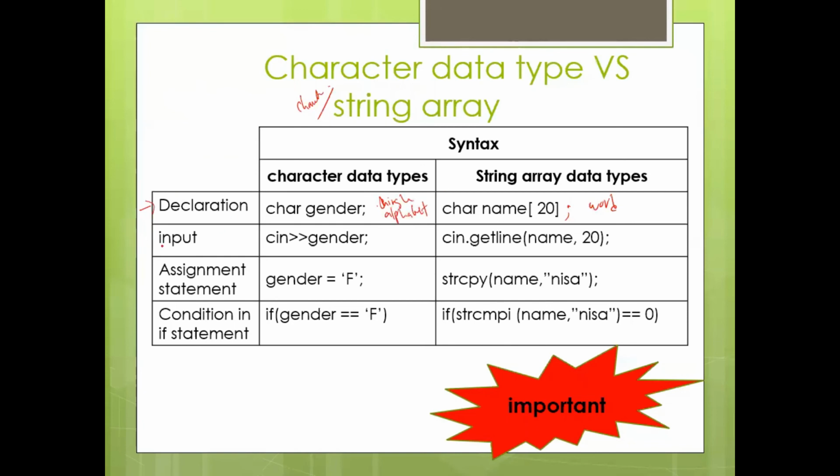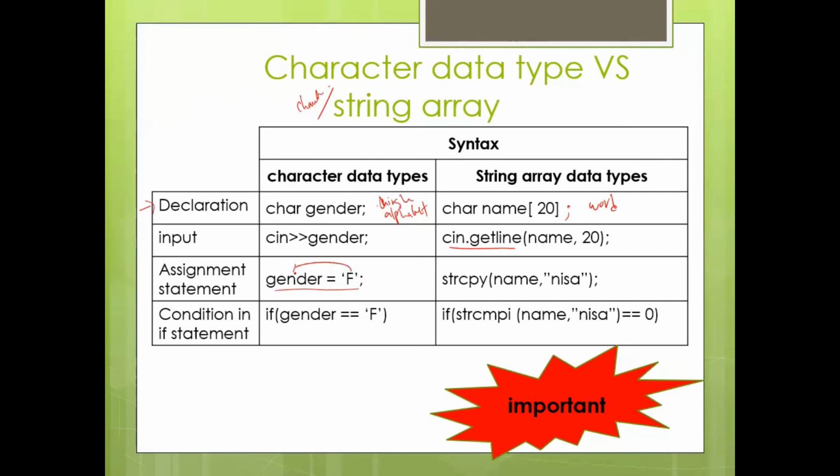Kalau input for single char ni very simple. You just use the normal cin operator, cin >> gender;. But however, if you use this one, you need to use this one, cin.getline(name, 20). For the assignment statement for the single char, direct like this, gender assignment operator, the value.